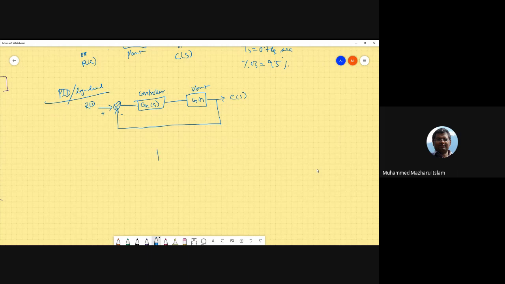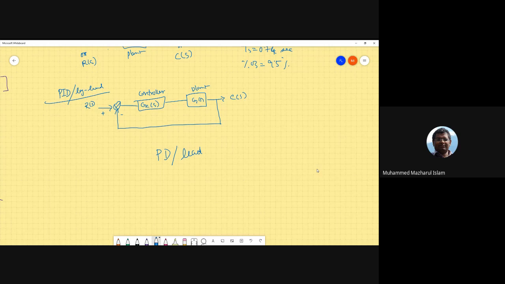Therefore, I hope you understand that we need either a PD or a lead. This is essential, that you understand what kind of controller you need. Now, lead requires a pole and a zero, and PD requires only a zero. So try to solve this using both design methods. First, design a PD, and then check whether you can design a lead controller.